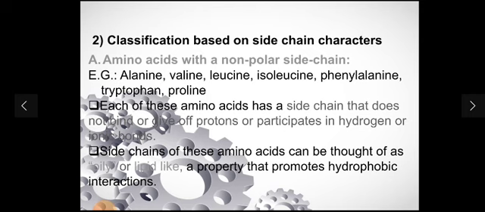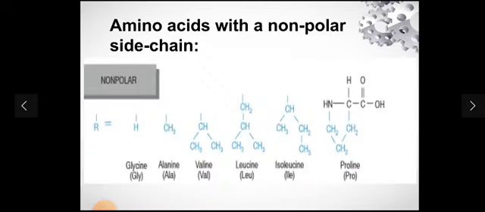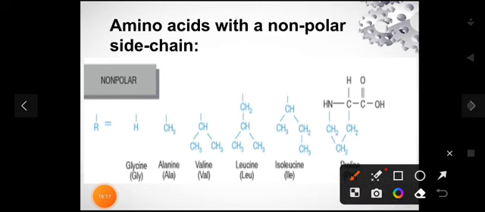Are you following? So the side chains are said to be hydrophobic, so they promote what we call hydrophobic interactions. When you look at the structures, you can see glycine has one hydrogen.